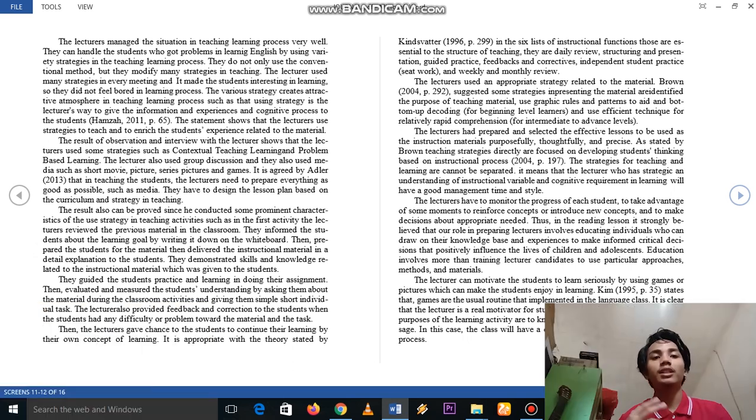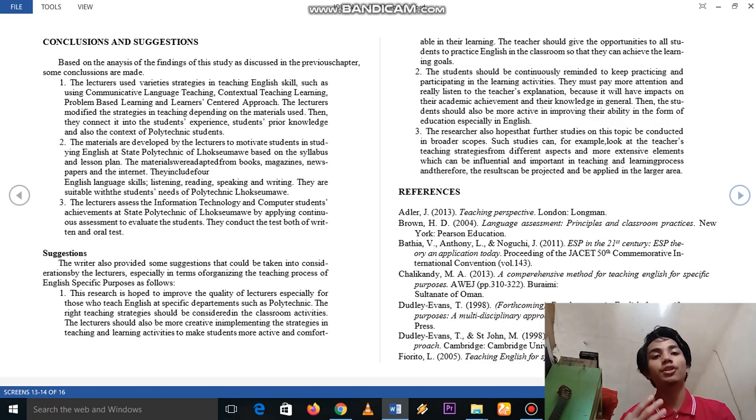Well, for the next and last part, conclusion and suggestion. For the conclusion, the writer describes all the conclusions he gets from beginning to end, whether it's about the lecturer who can create a pleasant learning atmosphere, various learning strategies made by the lecturer, as well as material that is fit for use in learning.